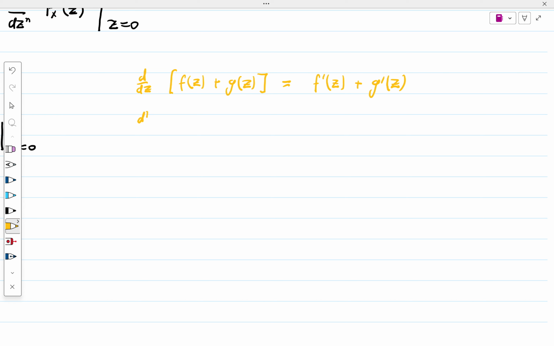In a similar fashion, if you take the nth derivative of a sum of functions, that is also going to give you the sum of the nth derivatives of the respective functions.